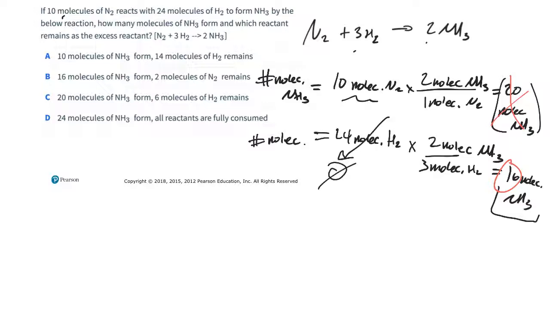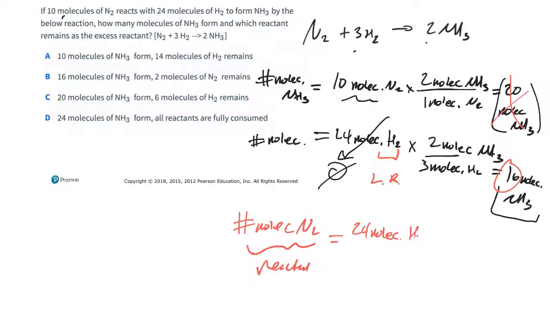And so then we might say, okay, now that we identify H2 as our limiting reactant, the one completely consumed in the reaction, for the number of molecules of N2 that are reacted with this quantity, we can use stoichiometry to say, okay, we got 24 molecules of H2 that react. For every 3 molecules of H2 that react, 1 molecule of N2 reacts with it. So this should be a molecule of N2, and this is H2 here. So 3 molecules of H2 react with every 1 molecule of N2.